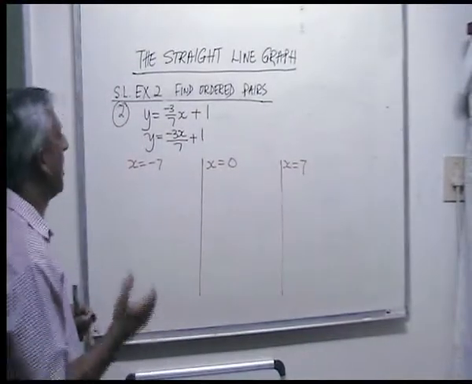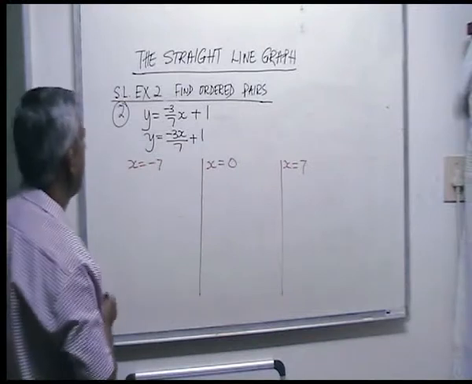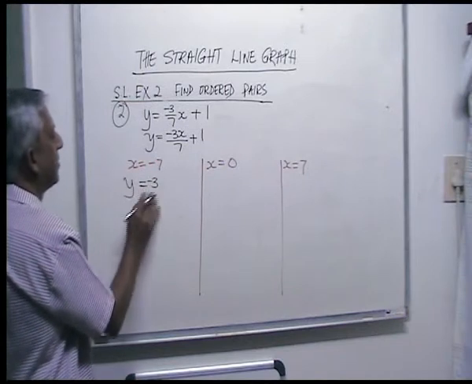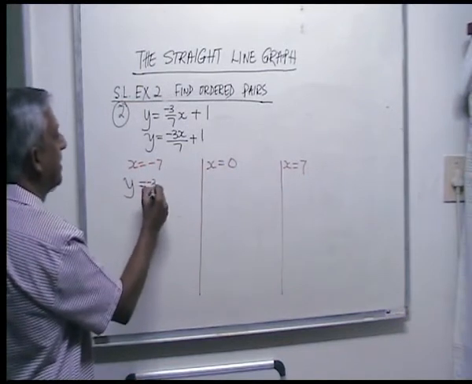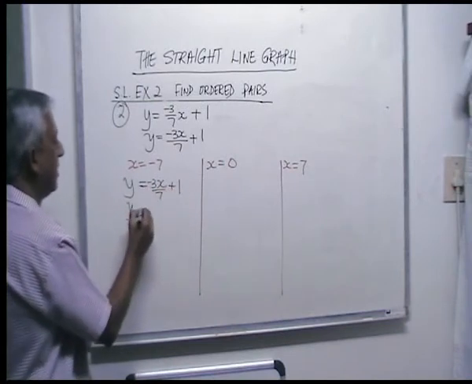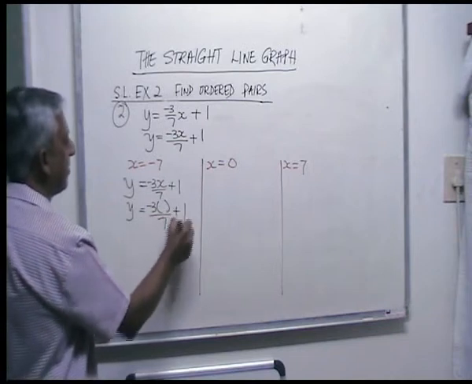You can choose any number you like, but these numbers will help us to get nice, neat answers. So, y is equal to minus 3x over 7 plus 1. That's your question. Y is equal to minus 3 times some number over 7 plus 1.